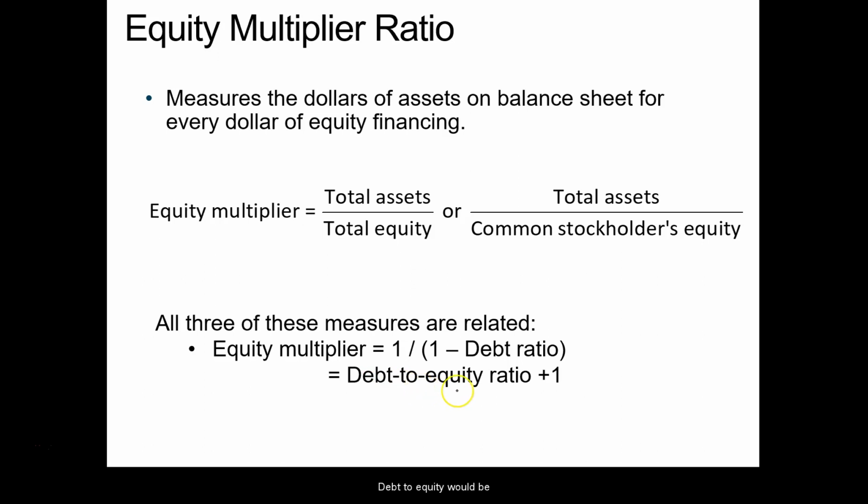Debt to equity would be 4 million over 1 million, that's 4. 4 plus 1 is 5, which is 5 million asset over 1 million equity. You can also think that 5 is the same as 1 divided by 1 minus the 80% debt ratio. So again, all these three measures are related. If you know one, you can figure out the other two.